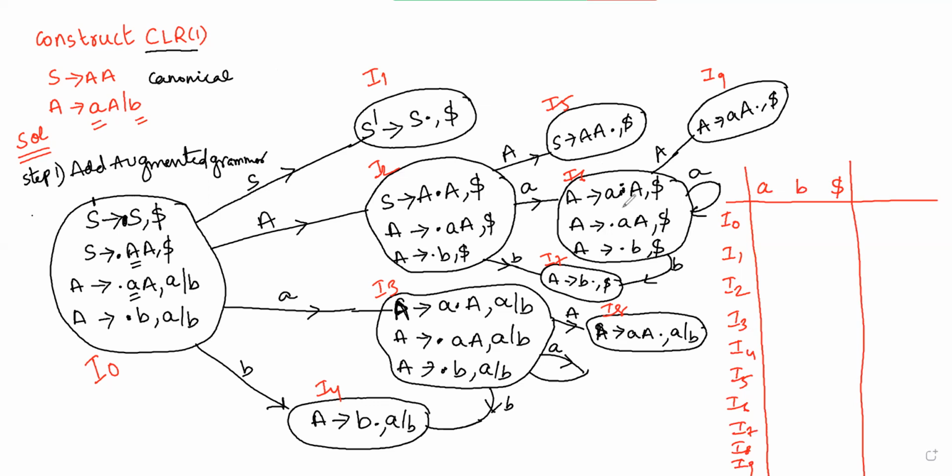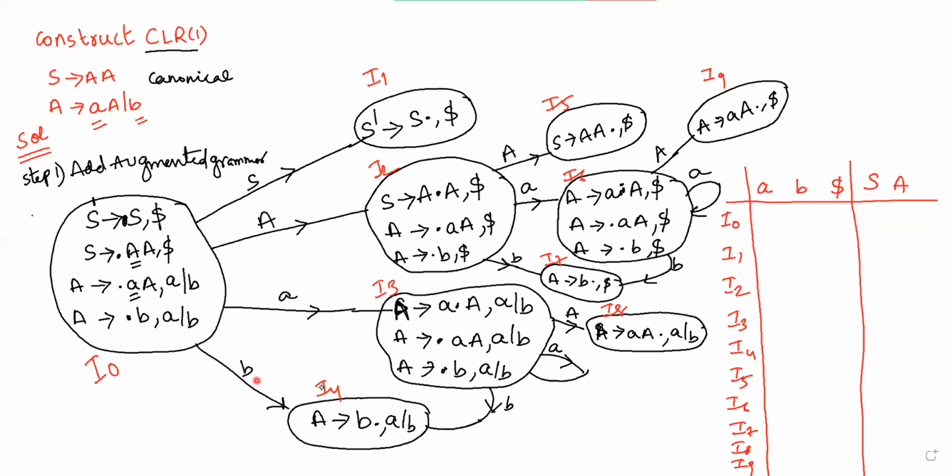Now remember, you are going to have capital letters. You write capital letters on the right hand side, S and A. Now what you have to do, you need to check I0 on small a. I0 on small a goes to I3.